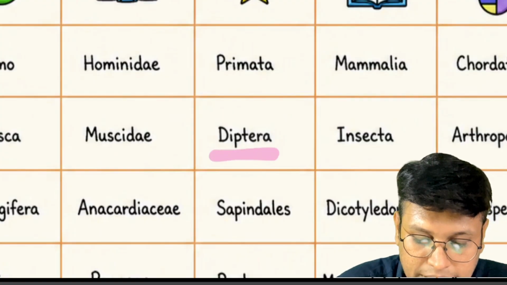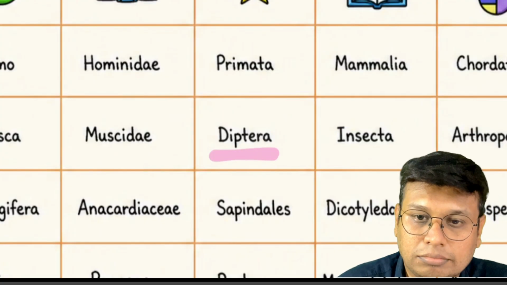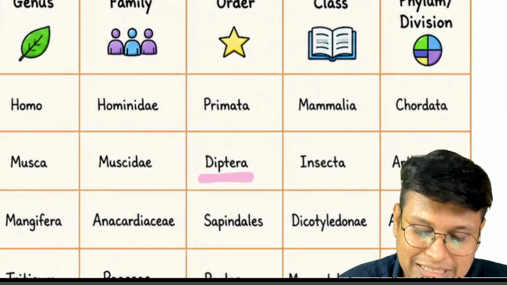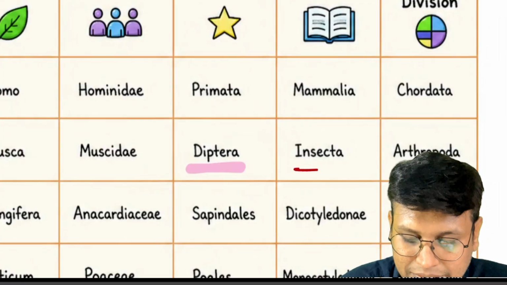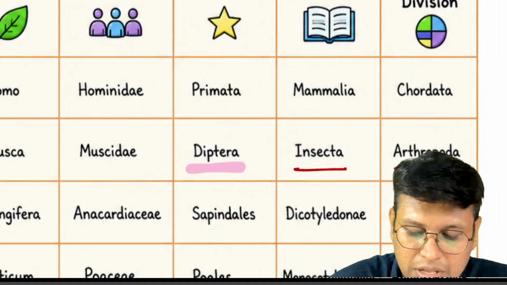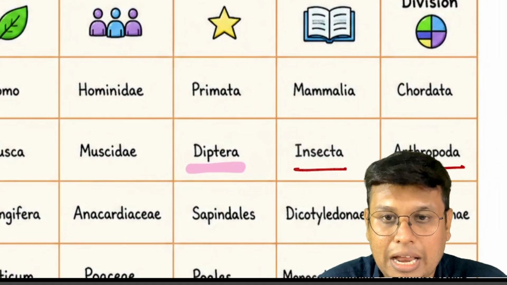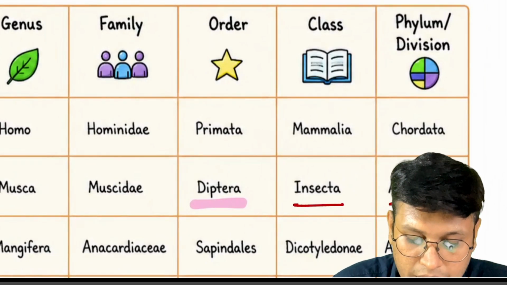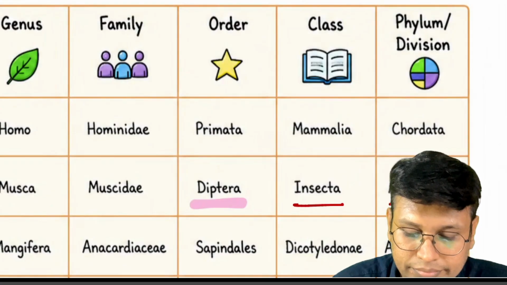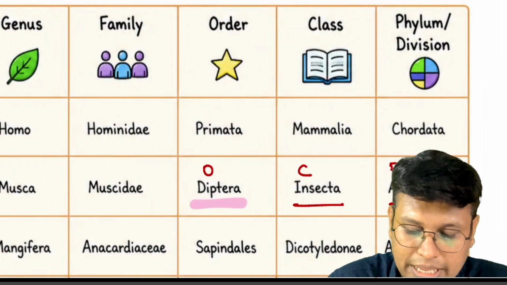The order is Diptera and the class is Insecta. Mostly the question is asked here and kids are confused. So Diptera, Insecta, and Arthropoda. Order is Diptera, class is Insecta, and phylum is Arthropoda.